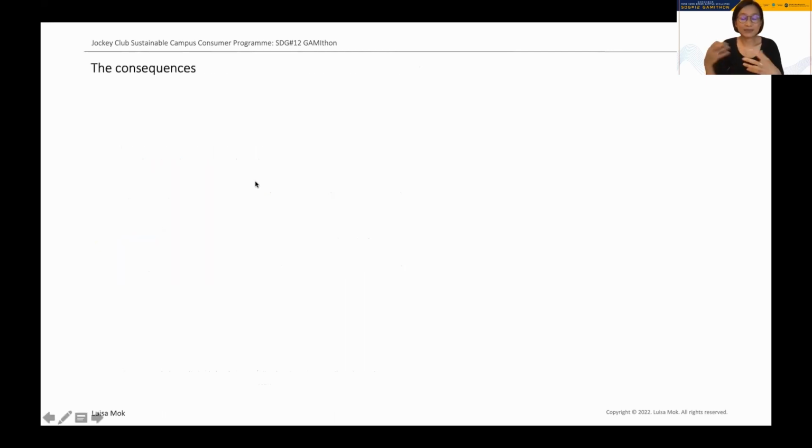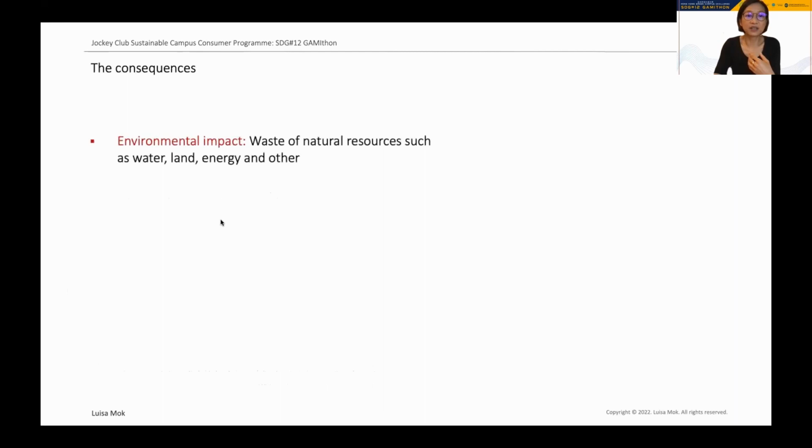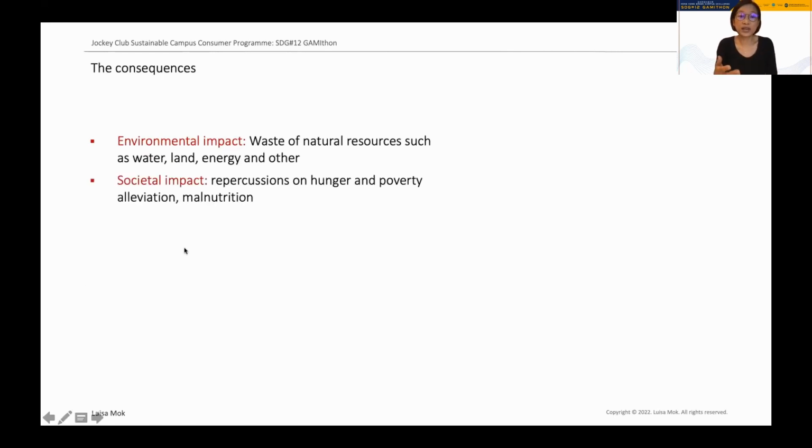And then food loss is not just about food loss. There are further consequences in various aspects. So if you are growing food and then it gets wasted, during the growing of the food you are using water, land, energy, and other natural resources, and those are also wasted together. And also societal impact.